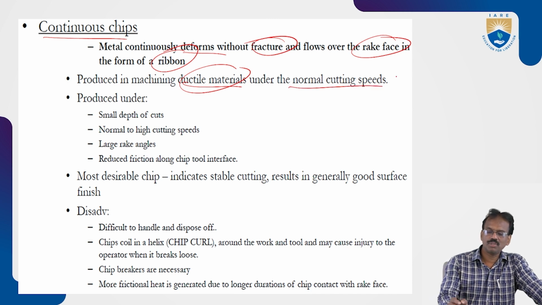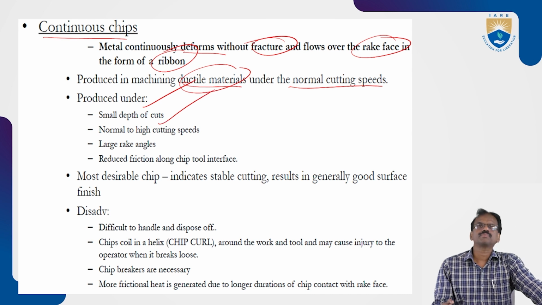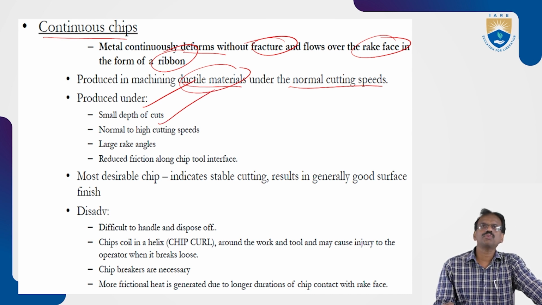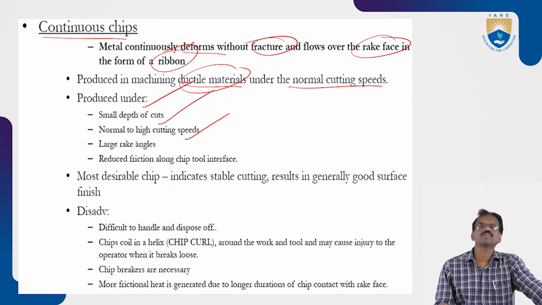So under normal cutting speed, it produces small depths of cut and normal to high cutting speeds. So it requires a high cutting speed, less depth of cut, and a large rake angle also.